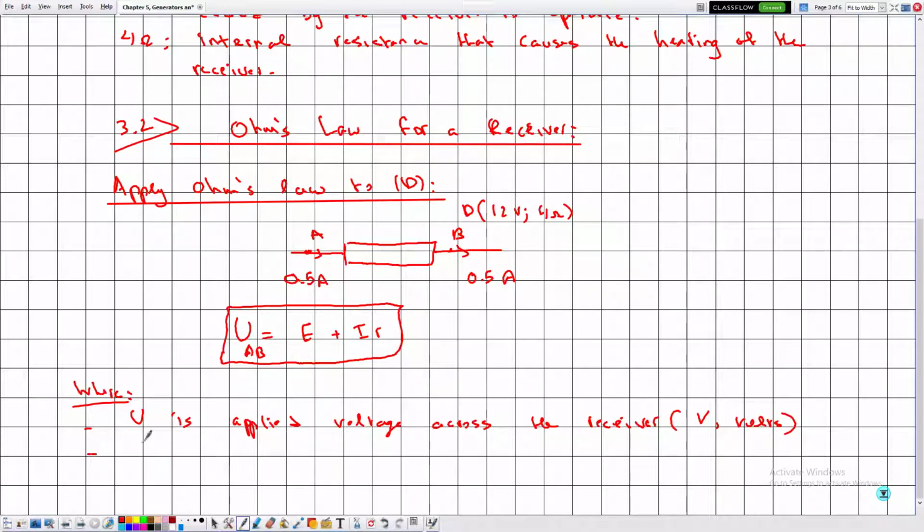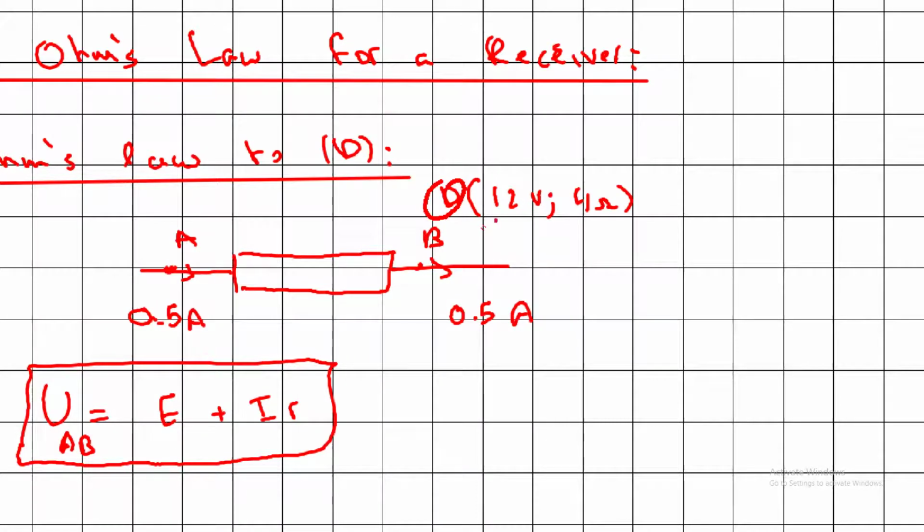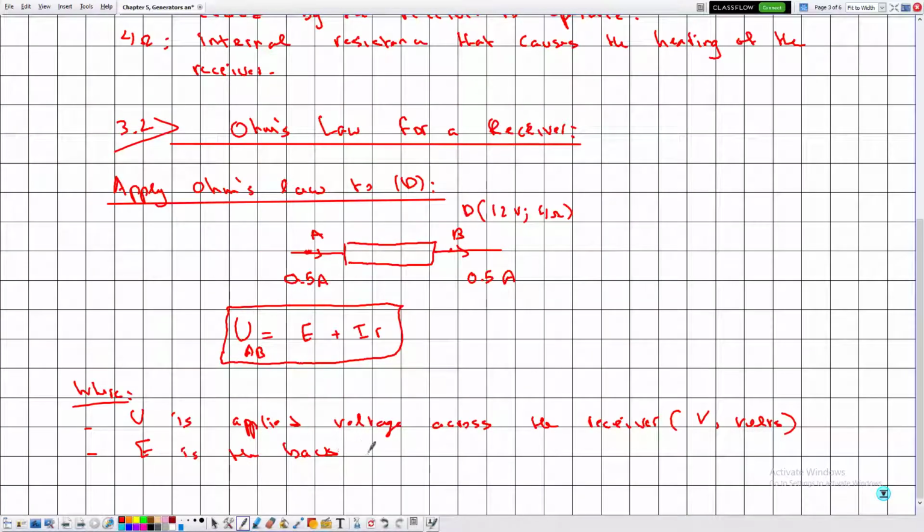Now as for E, it is the back electromotive force. So what does E represent? In order for this component to function normally, at least we must supply it with an applied voltage of 12 volts. So at least to start to operate, E is the back electromotive force, and V for volts. What does R represent?